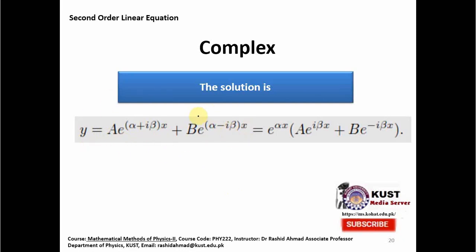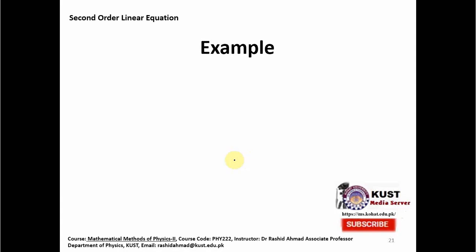If we solve that equation with complex roots, where alpha and beta are the roots, we get this form, or we can put it in a slightly different form, taking out e^(alpha x).